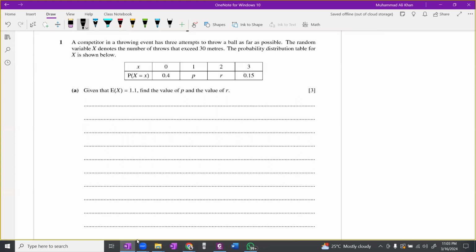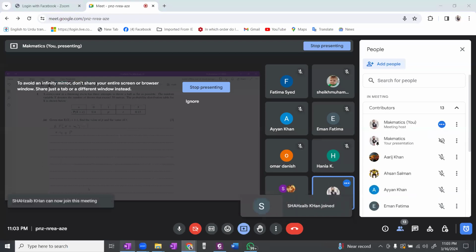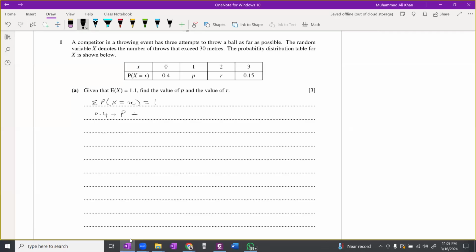Now, to calculate the values of P and R, we must have two equations. The first equation: the summation of all the probabilities in any experiment is equal to 1. So it will be 0.4 plus P plus R plus 0.15 equals 1.